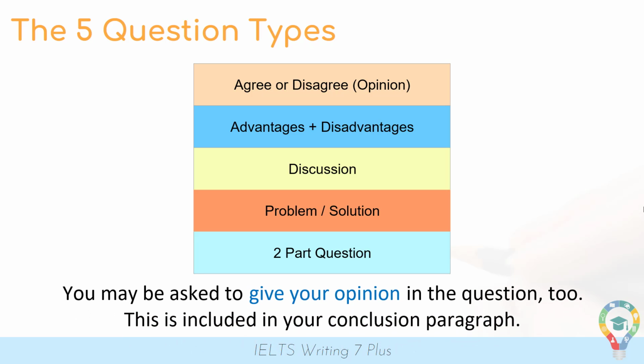But for some of the other questions, you may be asked to give your opinion in part of your writing too. And your opinion is going to be given in the final paragraph, which is your conclusion paragraph. More on that later.